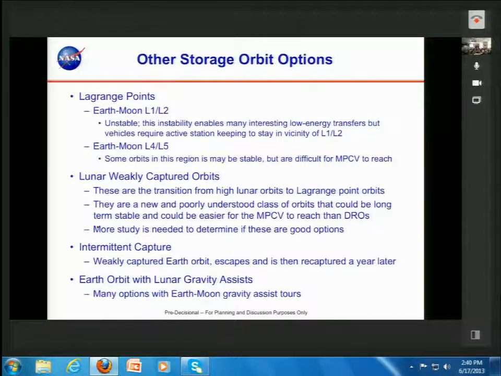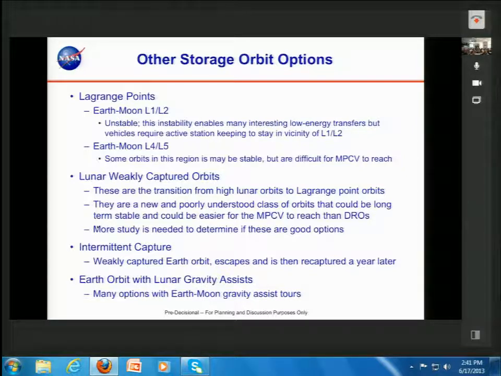In addition to that, the instability requires about 10 meters per second a year to keep it at the Lagrange points. So from a delta V point of view, if you can find a way to enter a DRO for 10 meters per second, then that's about the same as keeping it at the Lagrange points for a year. So it can even win on the delta V side.